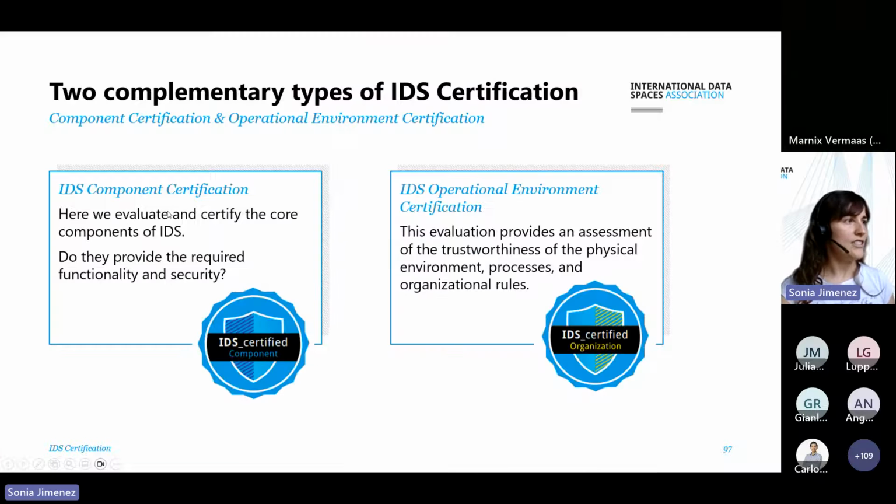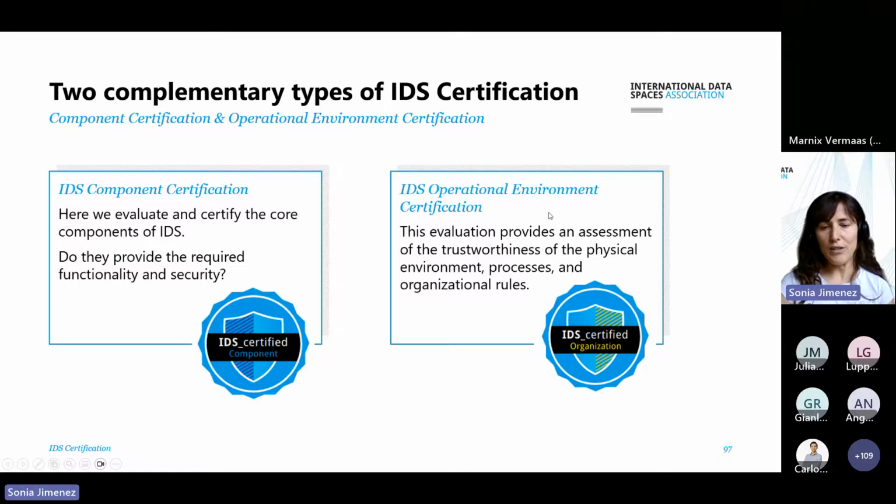So how do we do IDS certification? As I said, there are two types of certification, and both are mandatory to operate in an IDS-based data space. First, we need to certify the components. For participants, it will be certifying the connector, and I will explain how that goes. On top of that, we need to certify the operational environment.